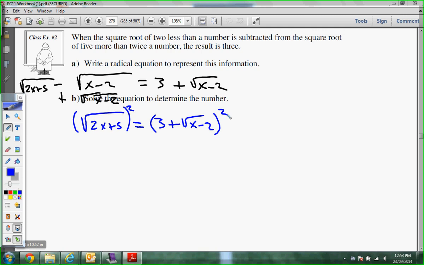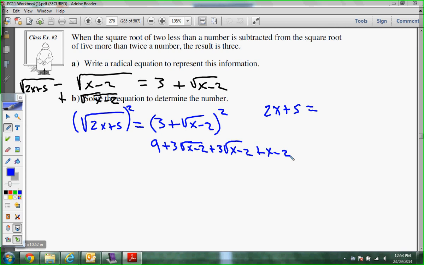On the left side, it's going to be 2x plus 5. On my right side, let's work on foiling this out. That would be 3 times 3, 9, plus 3 root x minus 2, plus 3 root x minus 2 again, and then x minus 2.